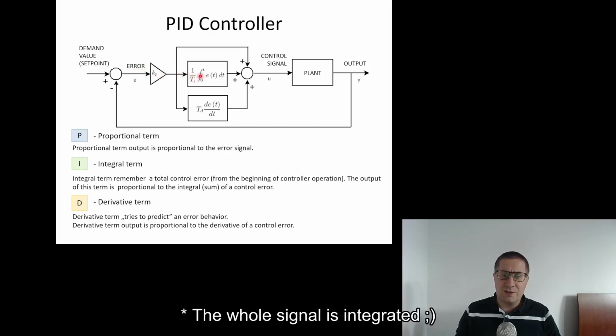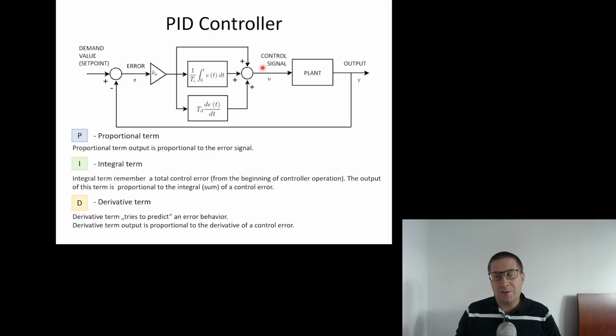Part of this signal is integrated. And the part of the control signal reaction is proportional to the value of this integration, to the sum of errors, to the fact that the previous errors were rather positive or negative.